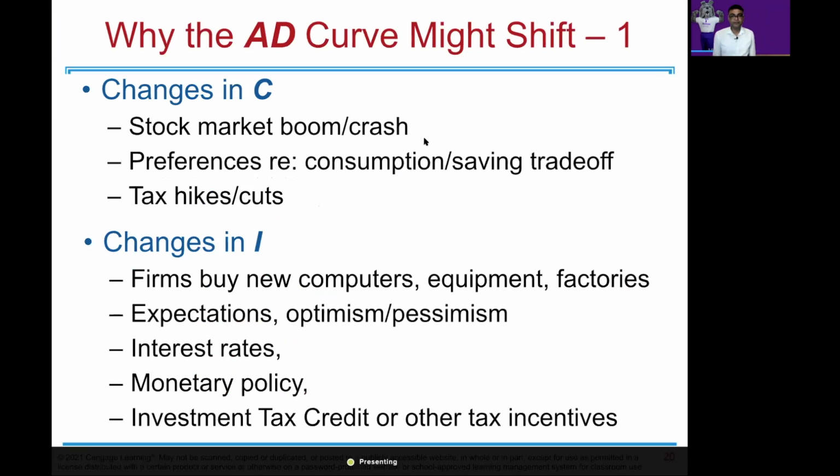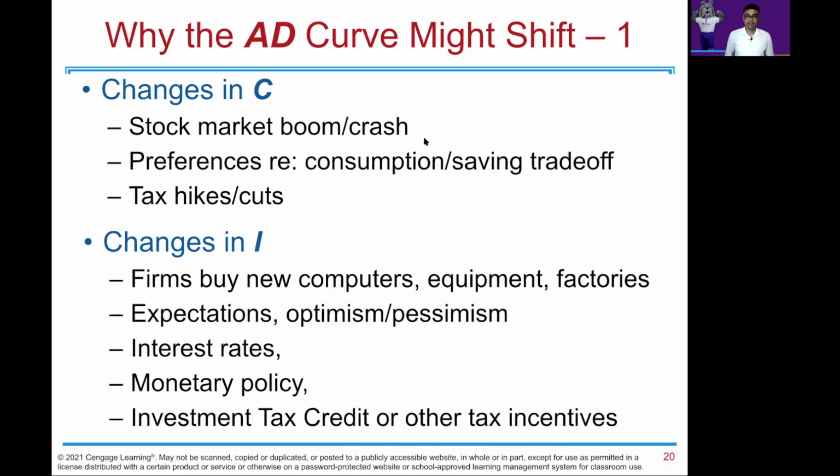So a few examples we can see here. The changes in C could be because of a stock market boom or crash, which we just explained, the preferences of consumption versus saving, and tax hikes or cuts. Changes in investment could be due to firms buying new computers, equipment, factories.